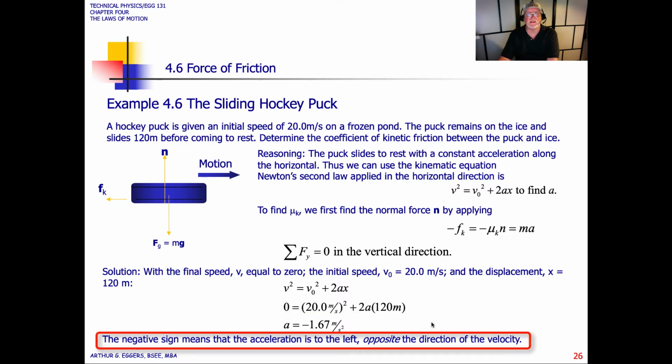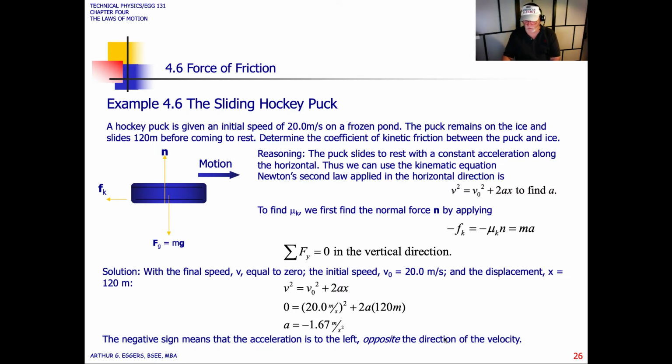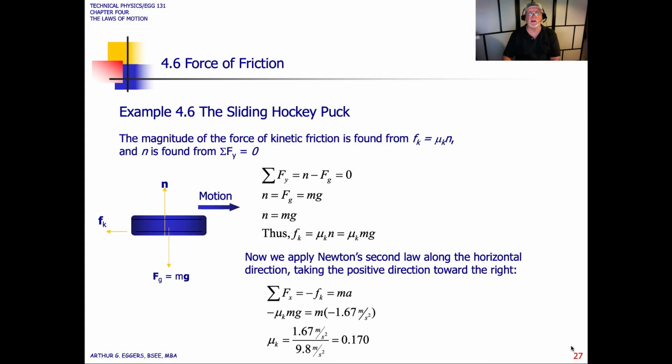In this case, the minus is telling us something very important. The negative sign is telling us that the hockey puck is in fact decelerating. It's slowing down. So the negative sign means the acceleration is to the left, opposite the direction of the velocity.